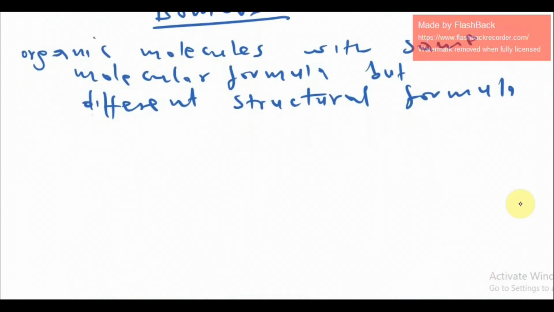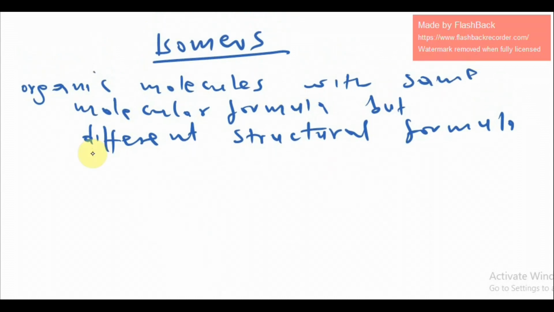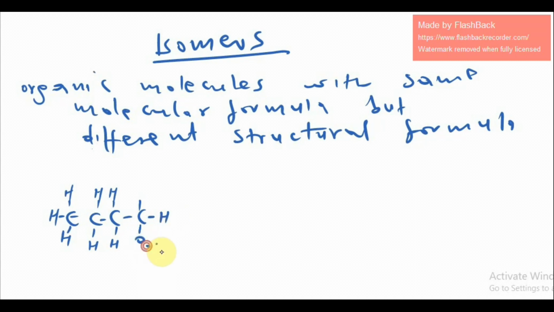Now if you look at this one that I'm going to draw now, 1, 2, 3. I have this compound with 4 carbon atoms. So this compound has 4 carbon atoms and it has OH.